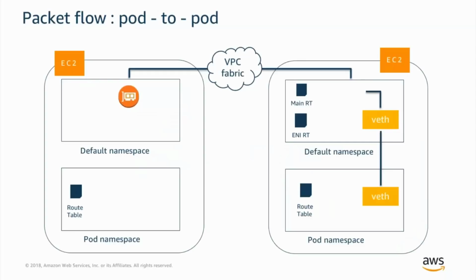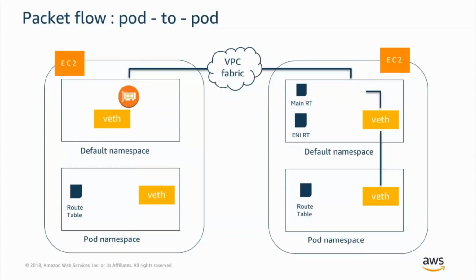And if you're curious about how the pod-to-pod communication works, you can take a look at the life of a packet in this implementation. Here on the right-hand side, you have a pod that is already available. Let's say you go and launch a new pod, which shows on the left-hand side of the EC2 here. The VPC CNI plugin will go ahead and create two veth interfaces.